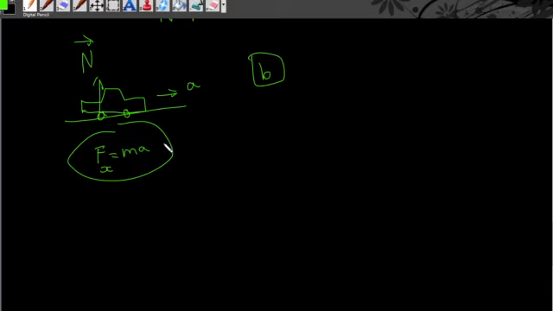And then E, the backwards friction force that balances the forward ma force. Well, didn't the problem literally ask what force was causing the ma? So how would the backward friction force, which balances the ma force, be the ma force? That makes no sense. So the answer is B.